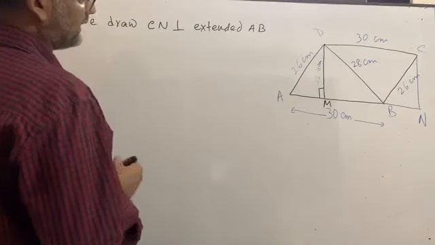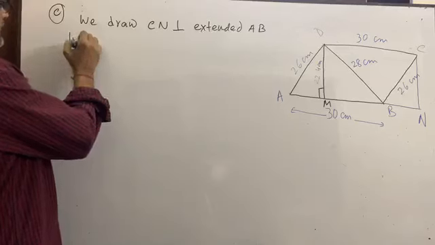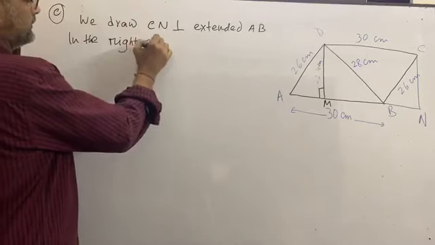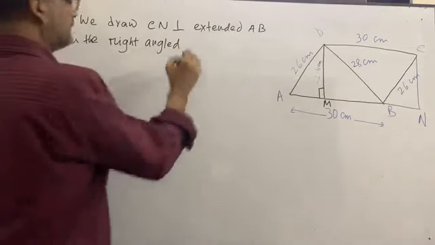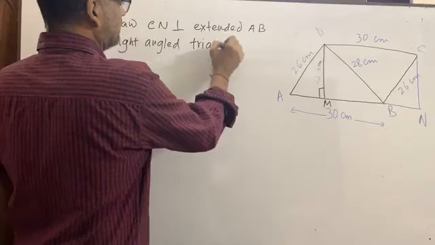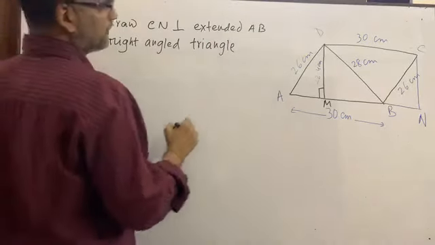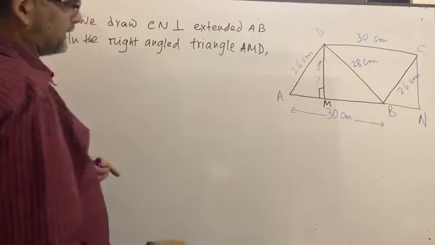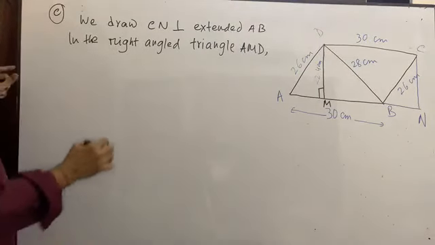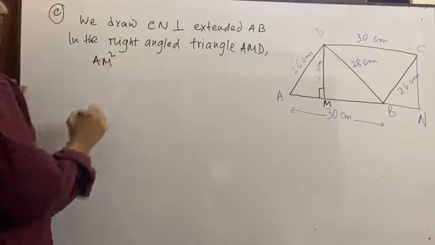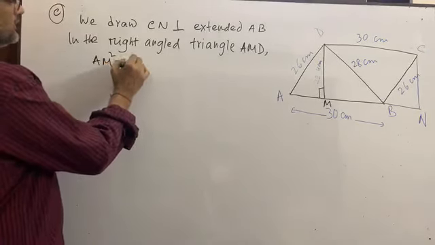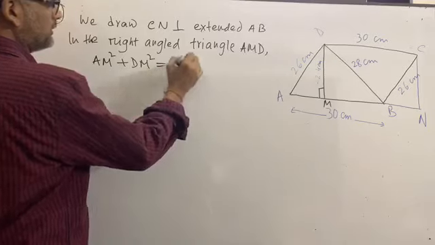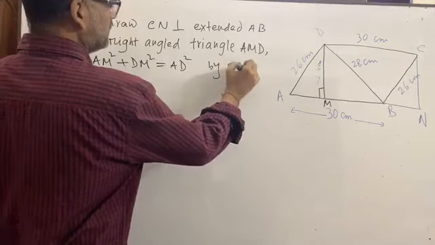That means here you write down in the right angle triangle AMD, we know AM square plus DN square is equal to AD square by Pythagoras theorem, PT.